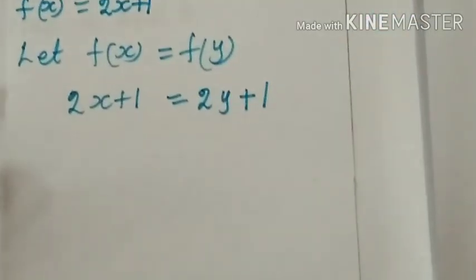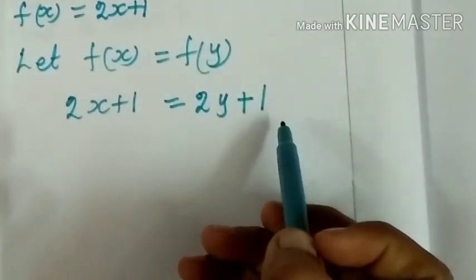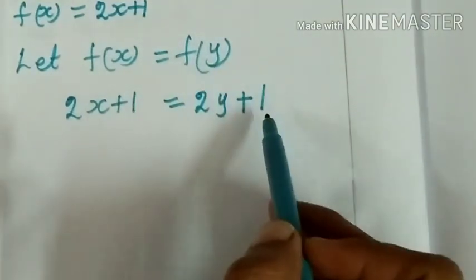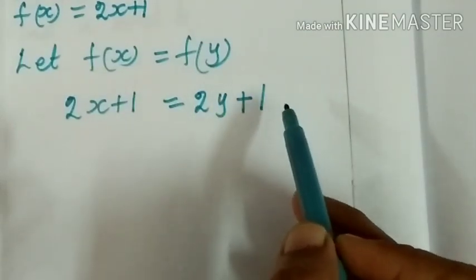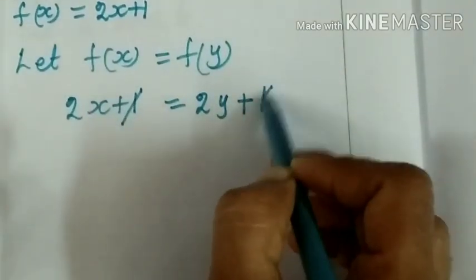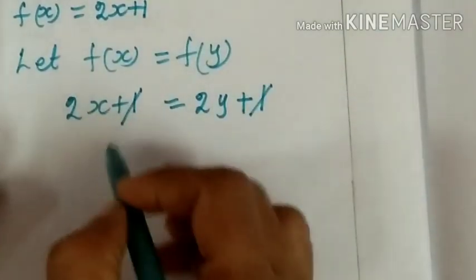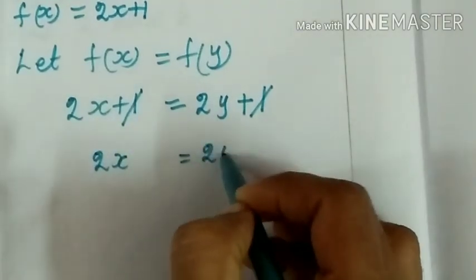So now this plus 1 taken to after the equal becomes minus 1, then plus 1 and minus 1 cancel and we get 0. Therefore, I cancel 1. Then we get 2x equal to 2y.